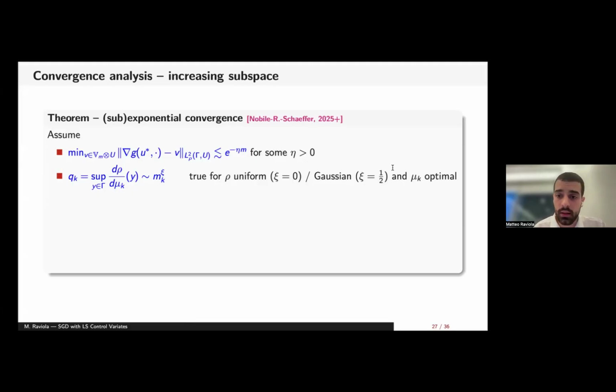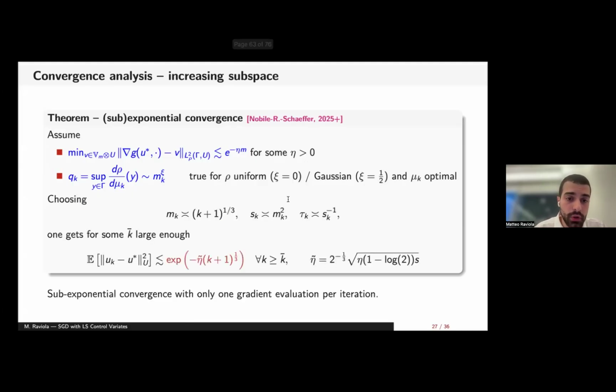If these things are satisfied, then choosing these schedules, so mk grows like the cubic root of k, sk is the space size squared, and the step size is 1 over the sample size, we get essentially a sublinear convergence result, where the rate depends on the original rate eta.